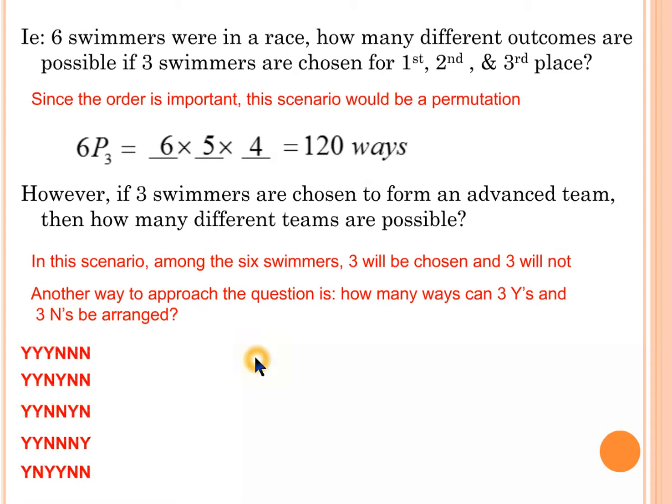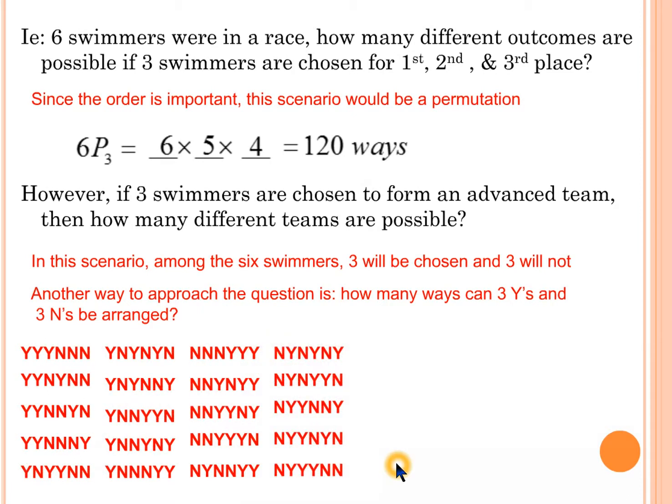Okay, so let's check out what's happening here. In this first scenario, I have 3 Ys and 3 Nos, and let's say the first Y is Y1, the second Y is Y2, and the third Y is Y3. Now, if I have this rearranged, for example, as Y1, Y3, and Y2, it doesn't really matter, because these 3 swimmers will be picked no matter what, so the order does not matter.